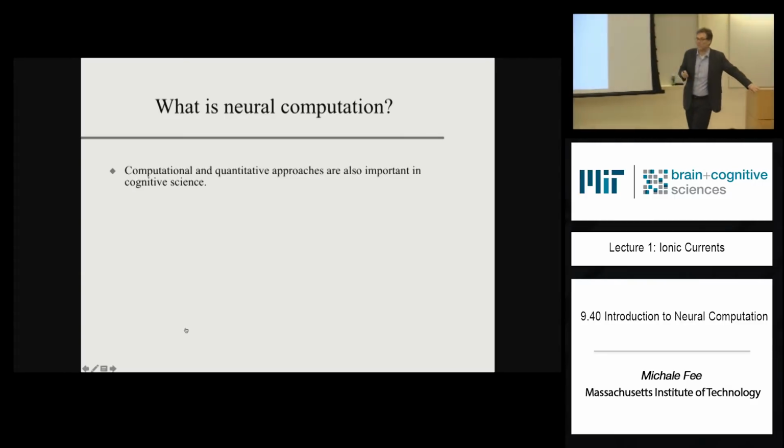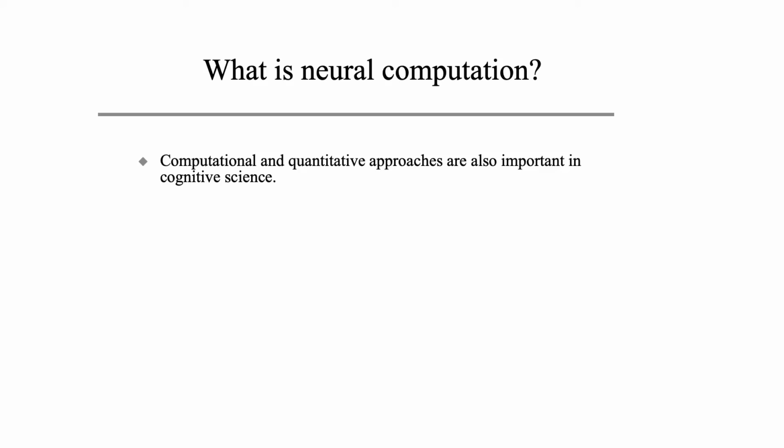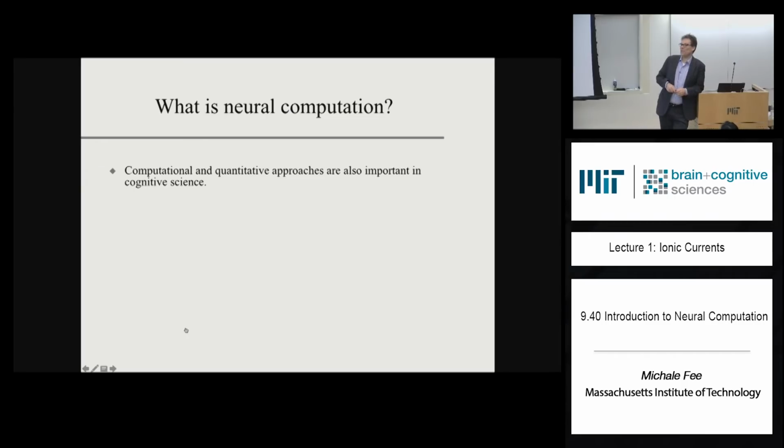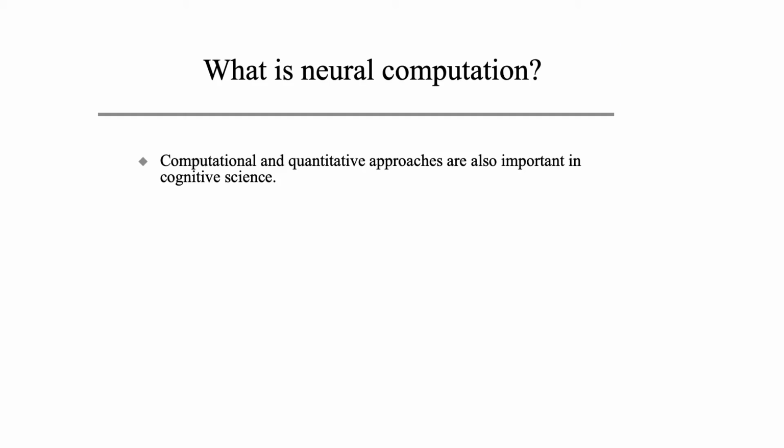These ideas are also very powerful in studying cognition. So if you look at the work that Josh Tenenbaum and Josh McDermott do, who develop mathematical models of how our minds work, how we learn to think about things, those are also very model-based and very quantitative. So the kinds of tools we're going to learn in this class are very broadly applicable.